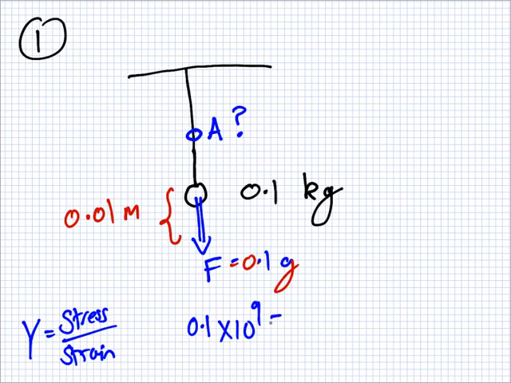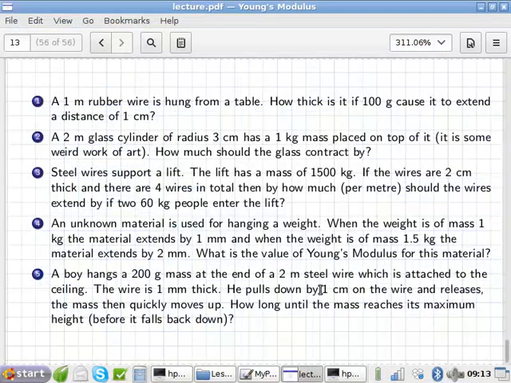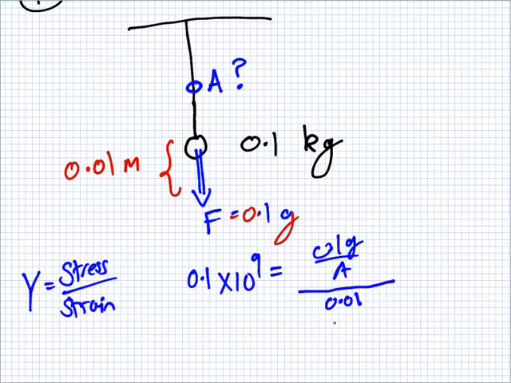The stress is the force over the area, and the strain is the extension over the natural length. Do I give you the natural length? Yeah, of 1. Okay, so we can solve this to get the area. The area is pi r squared, right? I'll get the area first and then say it's pi r squared.